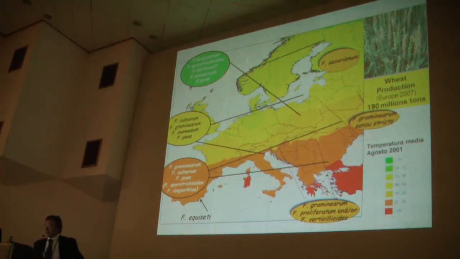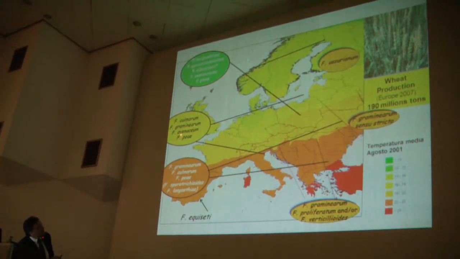So, summarizing what we are talking about, we can say that the T2 producing species occur mostly in northern Europe and northern Russia, with Fusarium langsethiae and Fusarium sporotrichioides. But we can also have Fusarium avenaceum and Fusarium poae, often colonizing northern Europe.